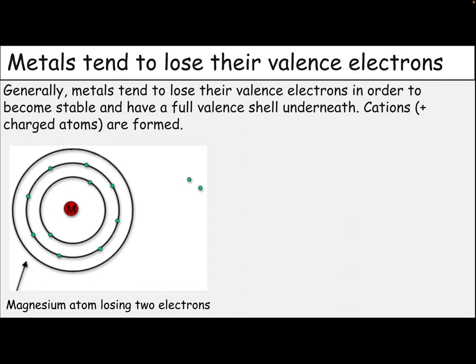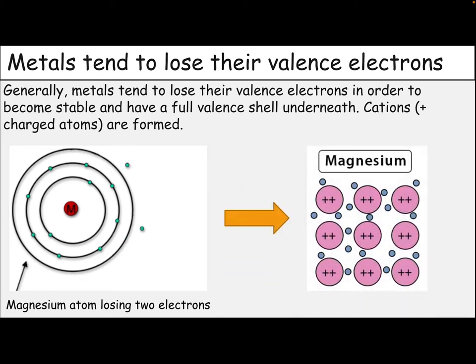So if you look at this screen on the left-hand side, magnesium has 2 valence electrons because it's in group 2 or the second column of the periodic table. Magnesium is going to lose these 2 valence electrons. Okay? So what's going to happen as a result? The result is that magnesium atom is going to become a positively charged ion. So it's going to become +2.